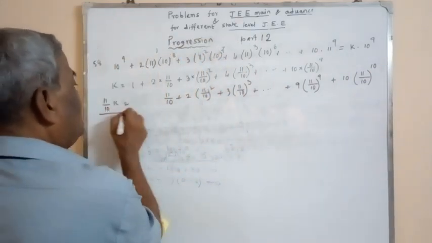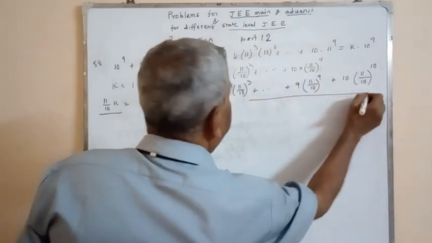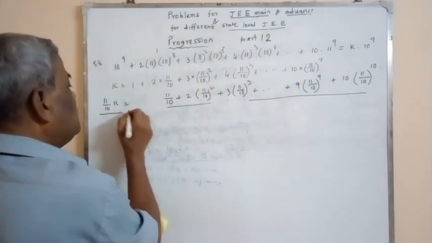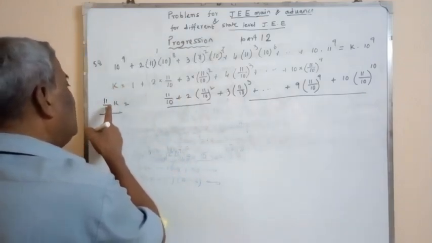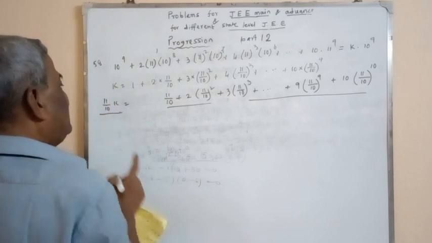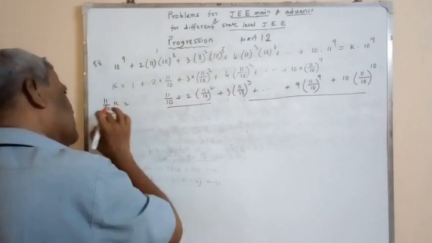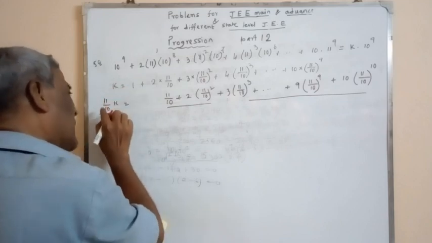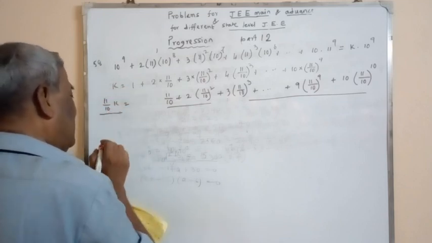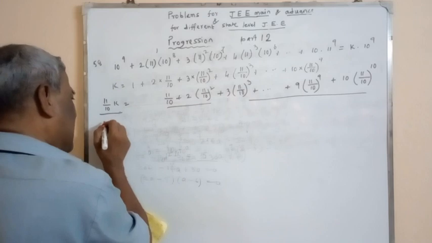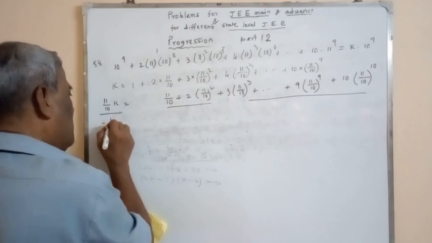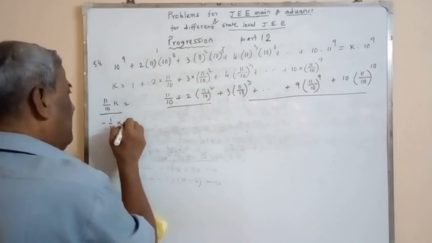Now subtract. This is equal to this minus that. So 1 minus 11 by 10 means minus 1 by 10 k.